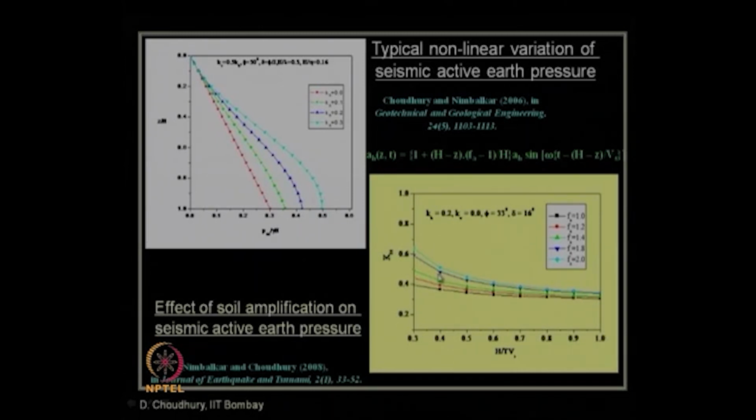That automatically says that we need to take a higher value of seismic active earth pressure when we are designing our wall in a soil which is going to get amplified, subjected to some earthquake motion. These details are available in the publication on the effect of amplification, etc., on the seismic active earth pressure, by Nimbalkar and Chaudhary in 2008 in the Journal of Earthquake and Tsunami. This is the volume number and page number.